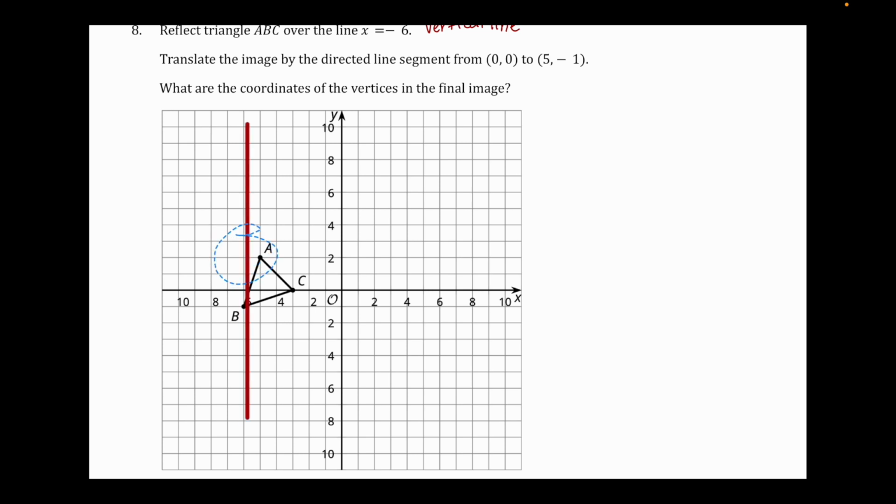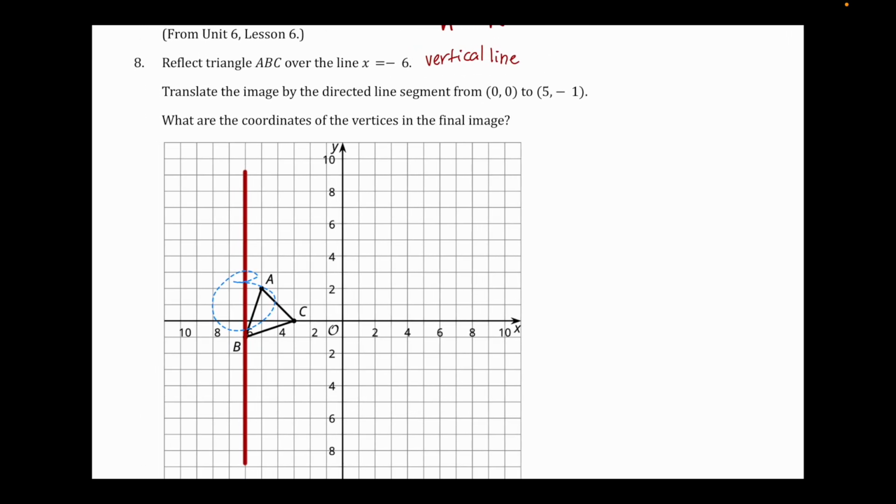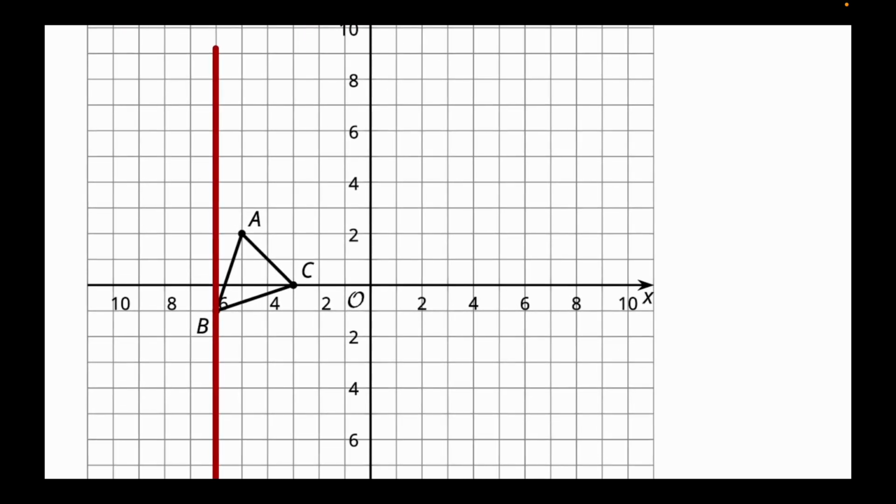Let me see if I can move this down a little bit. There we go. So we're going to reflect across this, and then we're going to translate. So I'm going to do the reflection part first, and then we'll do the translation. So reflection first. We'll do this one in blue, I think.